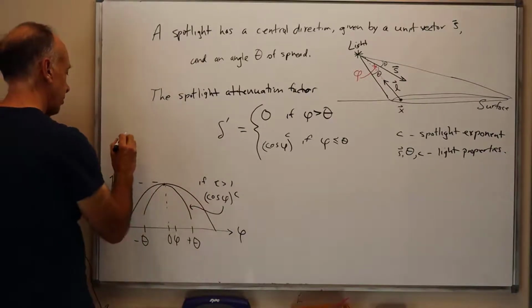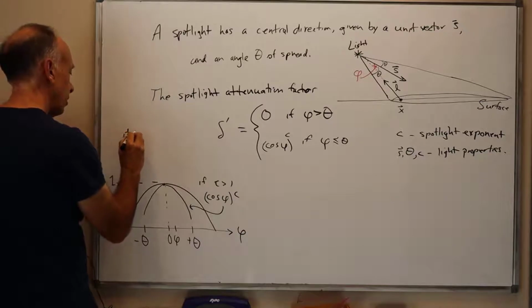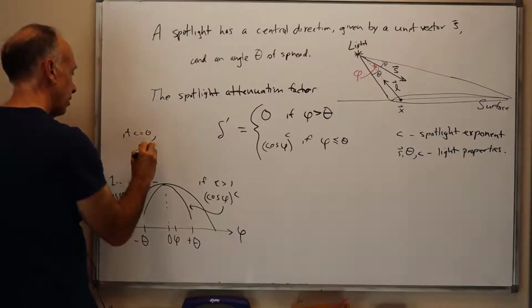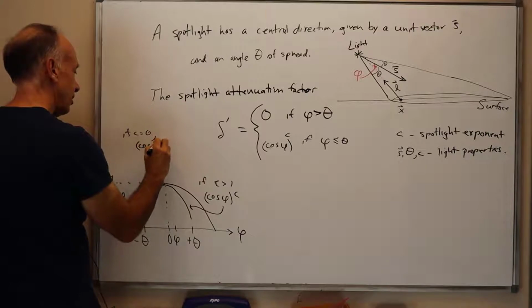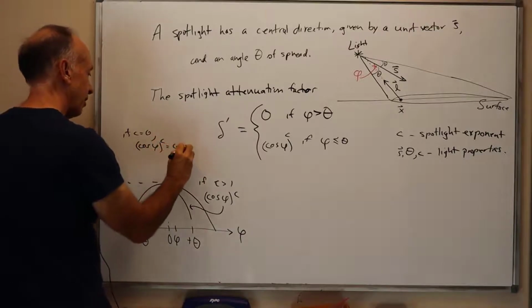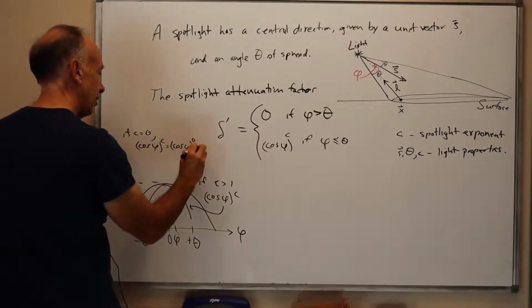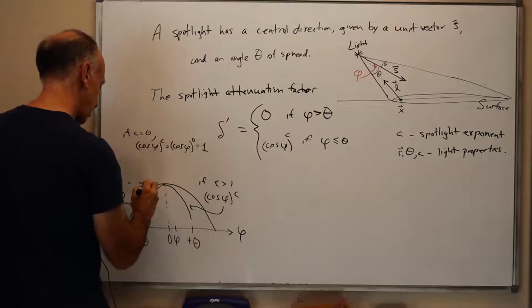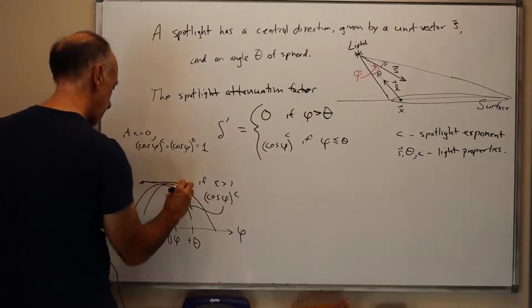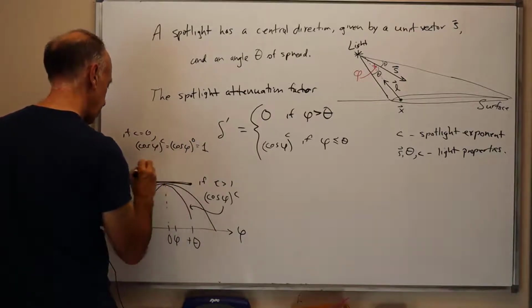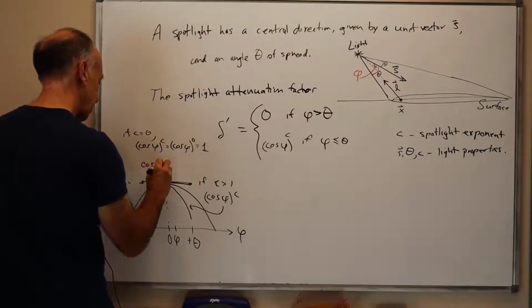If C equals 0, cosine of phi to the C is cosine of phi to the 0, which is just equal to 1. In that case, here's the graph of cosine of phi to the 0.